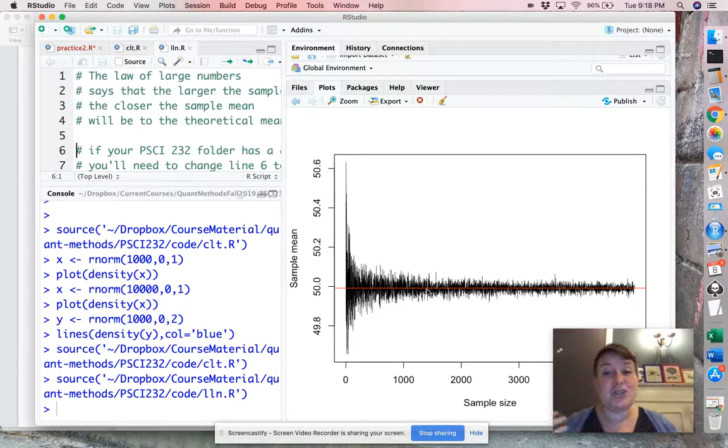The distribution, again, that word, distribution, as the sample size, that's the x-axis here, increases, the variability of the sample mean gets lower and lower and lower. That's all it is. Big samples give results that are closer to the underlying population.